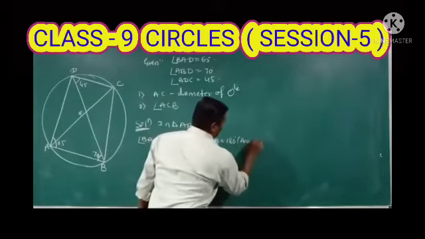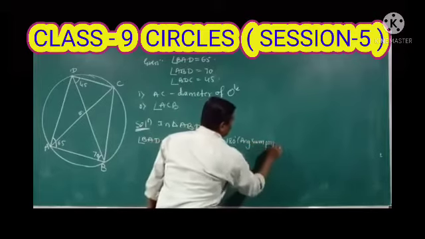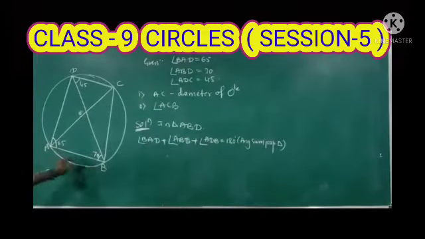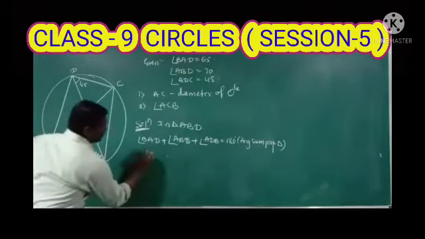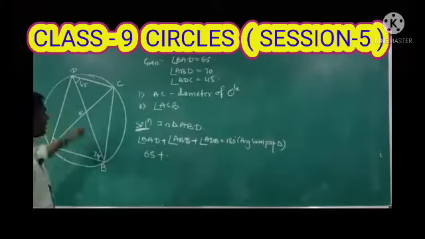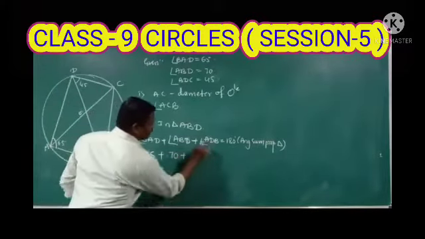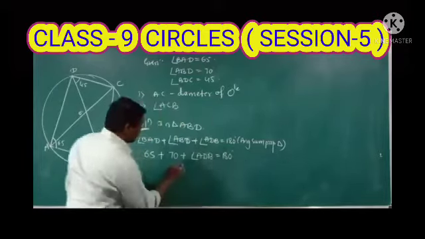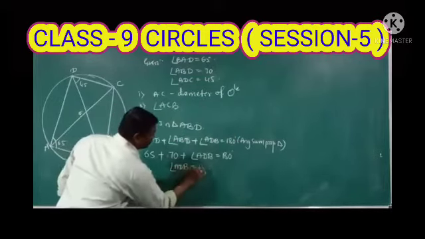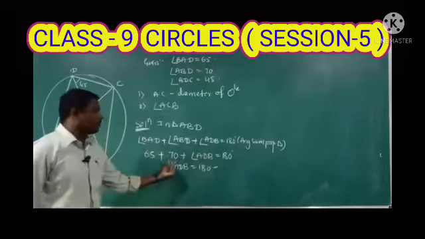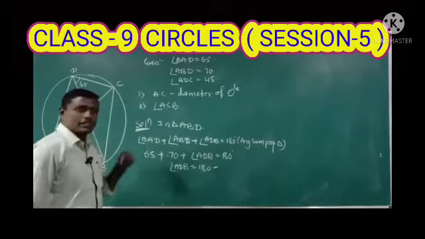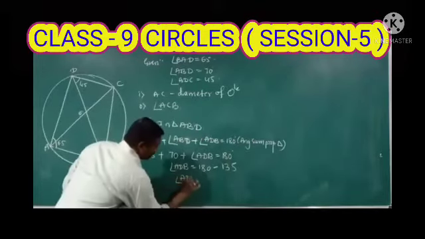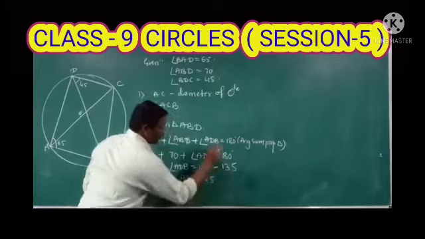Reason: angle sum property of the triangle. In that, angle BAD is 65 degree, angle ABD is 70 degree, plus angle ADB as it is, that is equal to 180 degree. So angle ADB is equal to 180 minus the sum of these two, 70 plus 65. 70 plus 65 is 135. So angle ADB is equal to 45 degree.